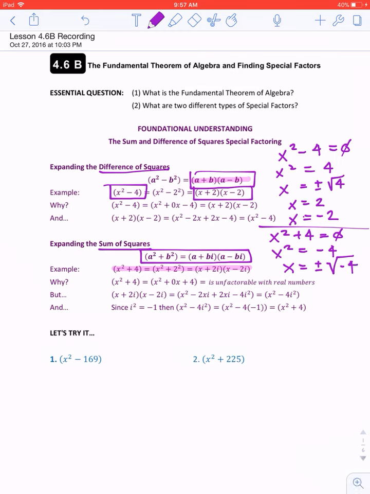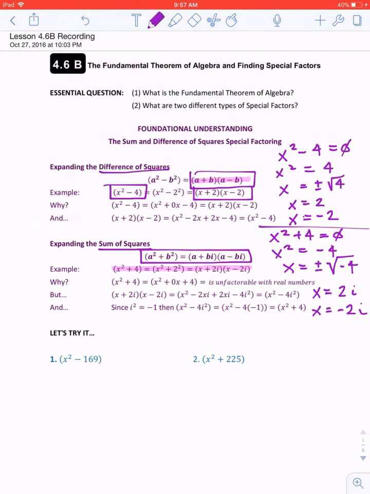You should know that i is the value of the square root of negative 1. So this actually equals 2i and negative 2i, right? So plus or minus, and the square root of negative 4 is 2i. So let's try them out.